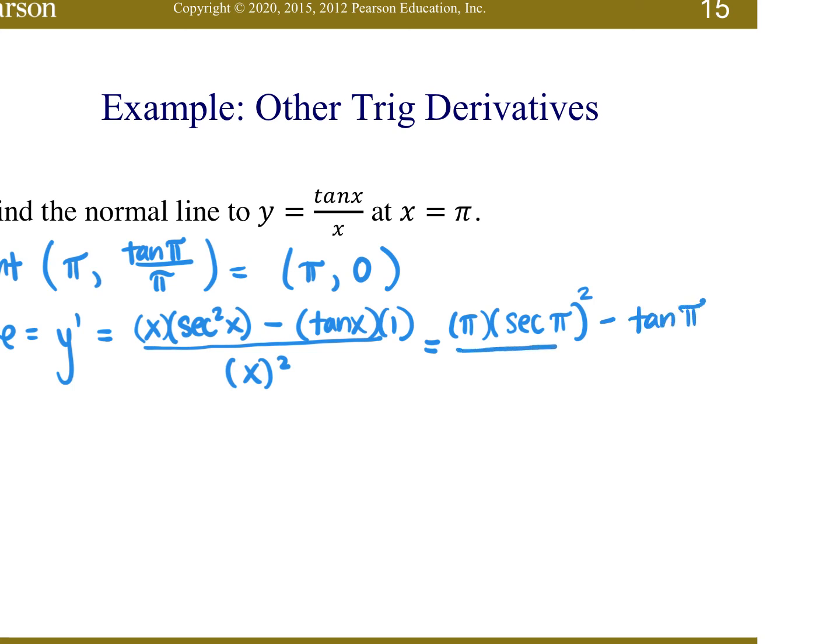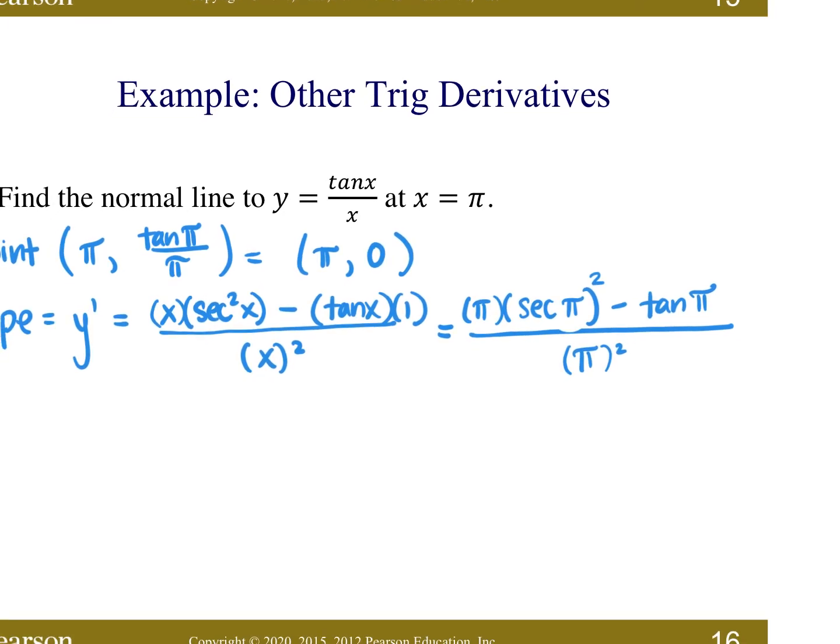Maybe you want to change the secant of pi to 1 over the cosine of pi, however you want to do that. So I have pi times, well, what is the secant of pi if you know what the cosine of pi is? Cosine of pi is -1. But what are we doing to that -1?